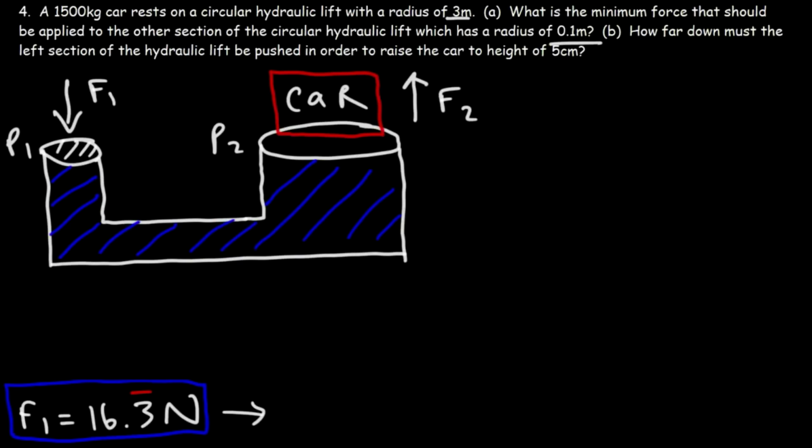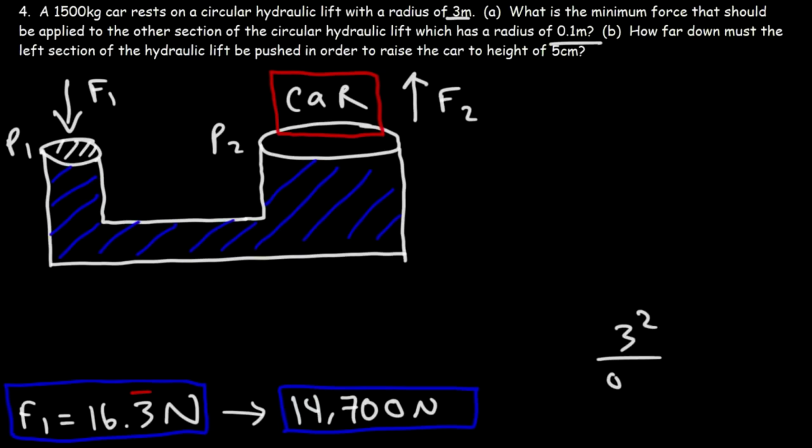The weight of the car is 1,500 times 9.8. That means F2 has to be at least 14,700 newtons to lift the car. So we've multiplied the force by 3 squared over 0.1 squared, which is 900. We multiplied the force by a factor of 900.